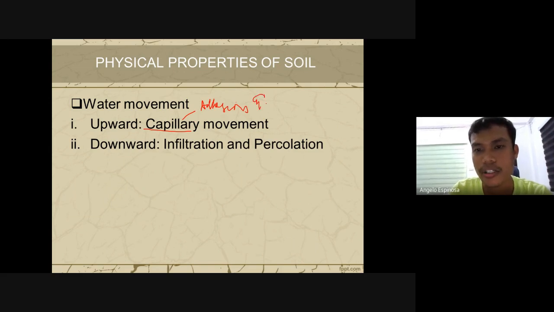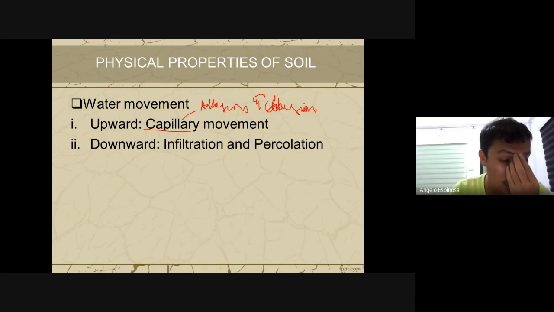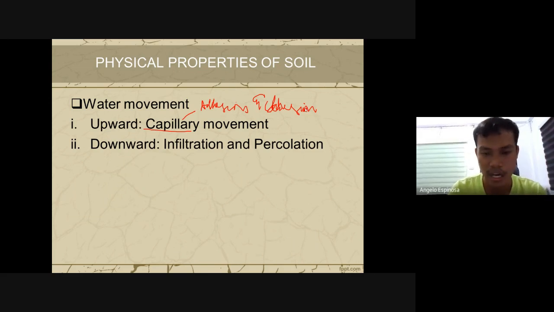Ano po pinagkaiba ng adhesion at cohesion? Cohesion is the mutual attraction of water molecules with each other.